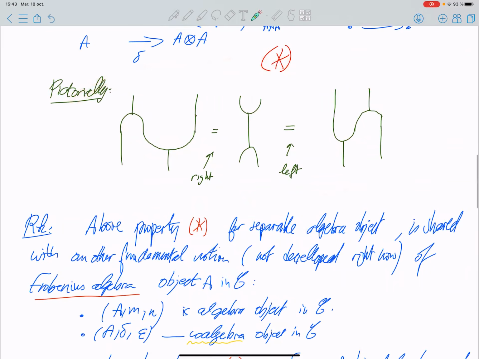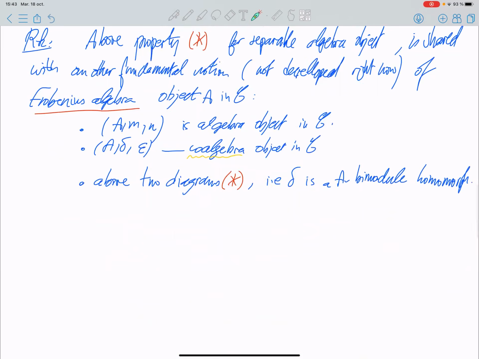And because I come from subfactor theory, in subfactor theory we are very interested in Frobenius algebra because, in some sense, the notion of Frobenius algebra is a categorification of the notion of subfactor.